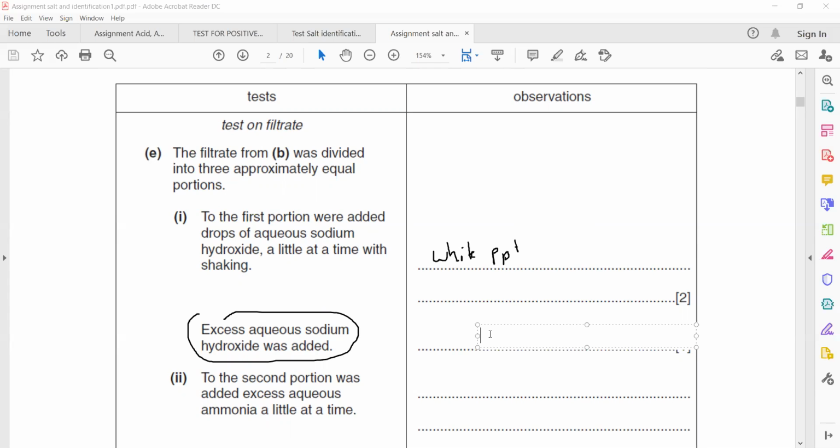The precipitate dissolves and it forms a colorless solution. Is it clear to everyone?